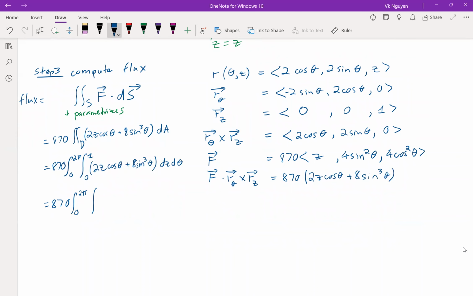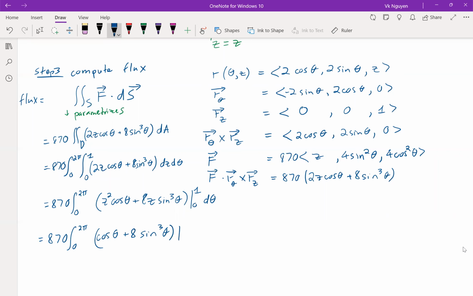We have z square cosine theta plus 8z sine to the power 3 theta, from 0 to 1, d theta. At 1, it's going to be 2 cosine theta plus 8 sine to the power 3 theta, 0 to 2 pi, d theta.